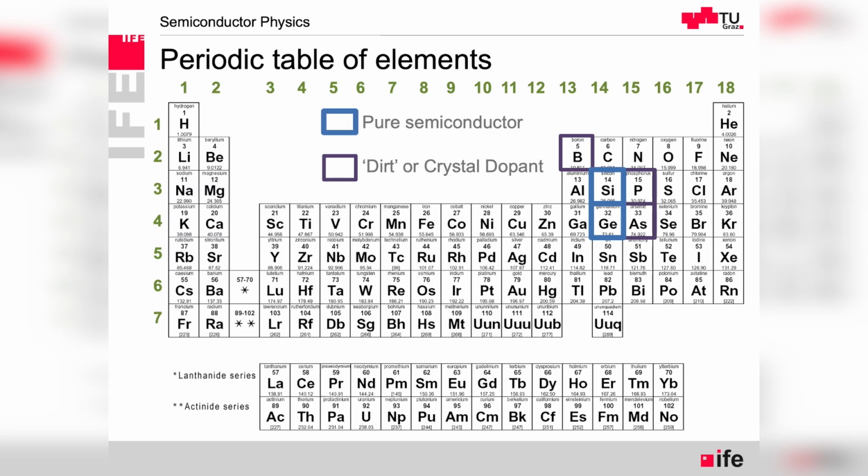This defines whether we have p-type or n-type doping, one less electron or one more. Boron, phosphorus, and arsenic are those that are most often used.